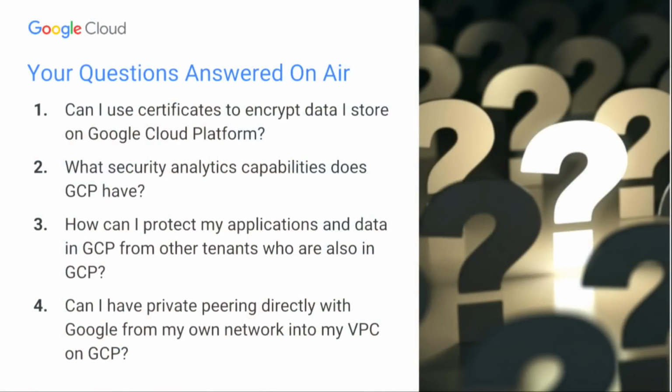So the next question is around, let me just bring it up here, what security analytics capabilities do we have in Google Cloud Platform that people can use and find helpful? Yeah, that's a good question. Natively on Google Cloud Platform, we've got a service called Stackdriver, which is an acquisition we made a couple of years ago. It lets you aggregate log data across your services, in fact across both GCP and Amazon Web Services, and with an agent you can collect logs from other systems as well.